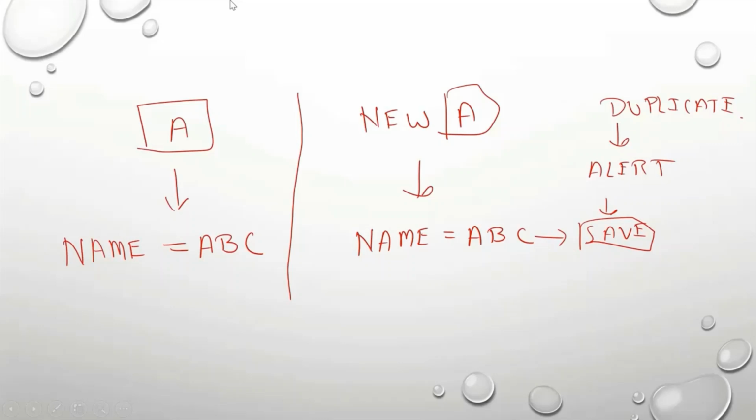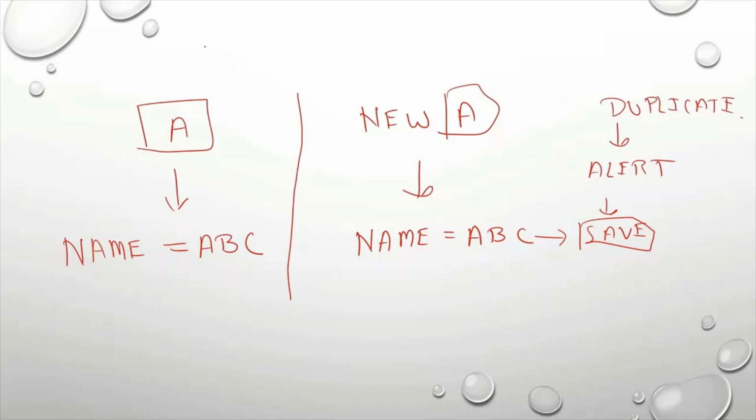Behind the scenes we have two things. First is the matching rule. What is a matching rule? For example, we have created the matching rule on the account object, and we have stated that you have to check the field name.